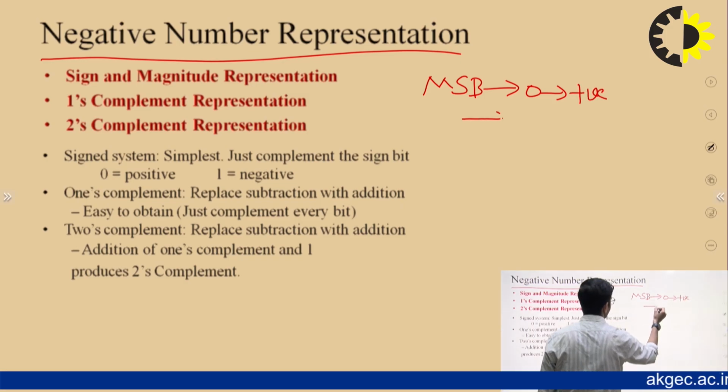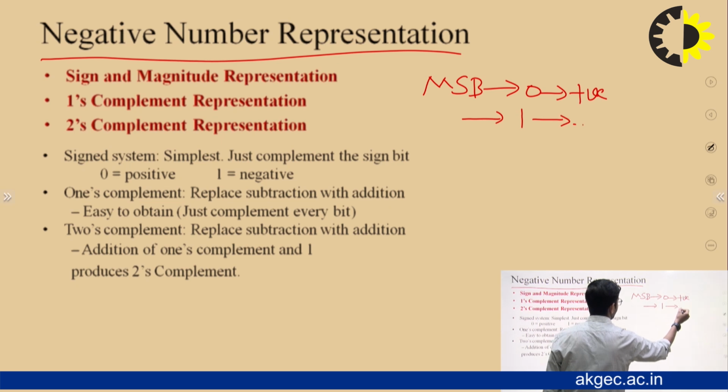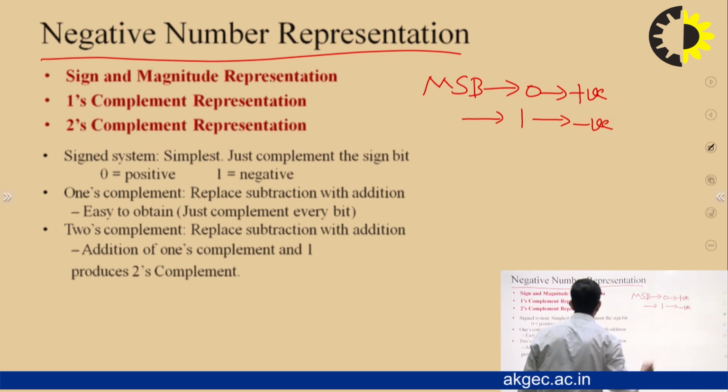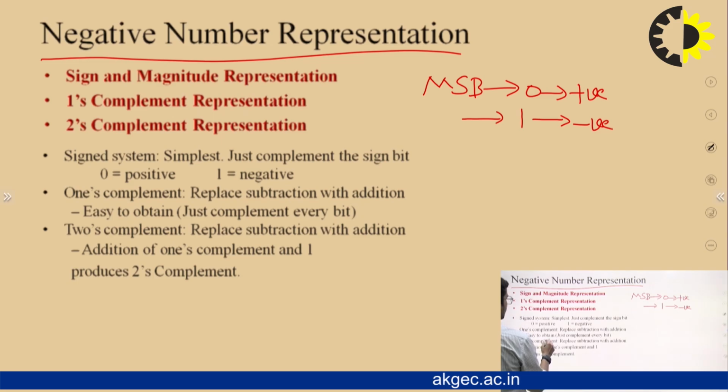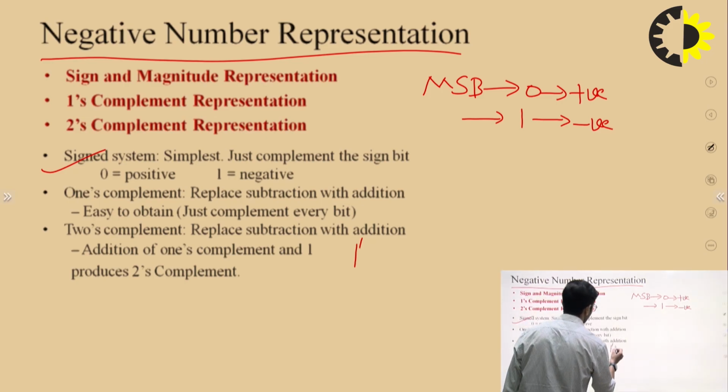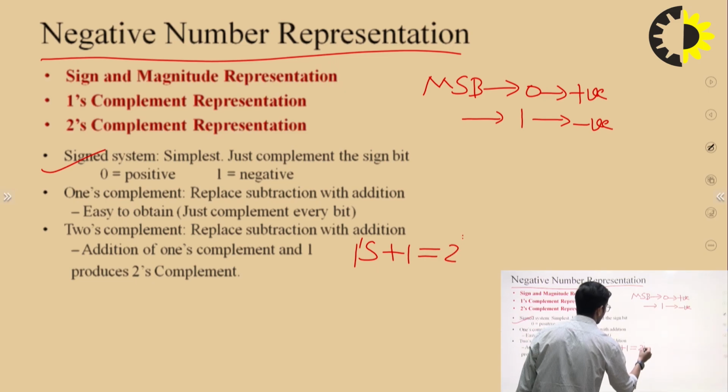If the MSB bit is 1, it will represent a negative number. 1's complement is nothing but replacing 0 with 1 and 1 with 0. For 2's complement, we first take the 1's complement and just add 1 to it. That means 1's complement plus 1 is equal to 2's complement.